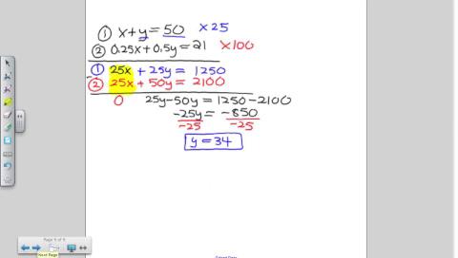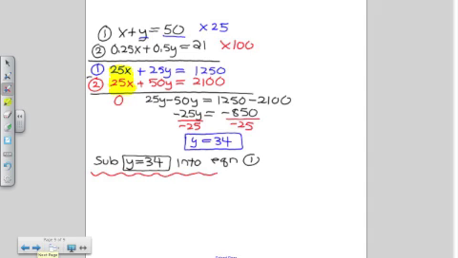And just like before, once you find y, it's very simple to solve for x. We're going to substitute y is equal to 34 into, I'm going to pick, again, equation number 1. You always want to pick the equation that looks easier to solve because you're less likely to make any mistakes. So x plus y is equal to 50.